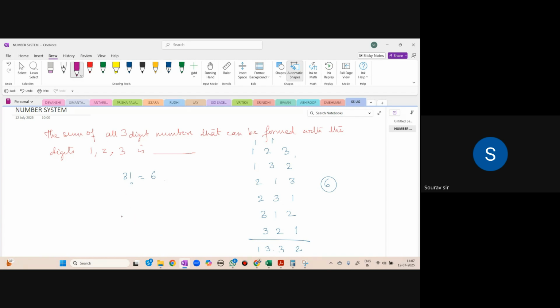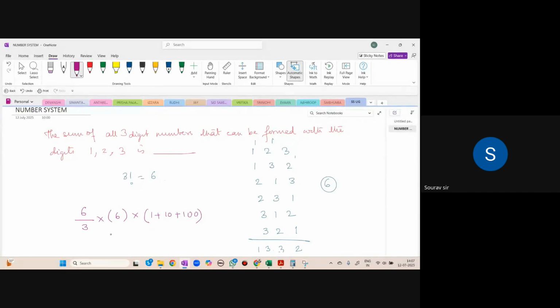Now, if I calculate it like this: 6 by 3, into 6, into 1 plus 10 plus 100, right?